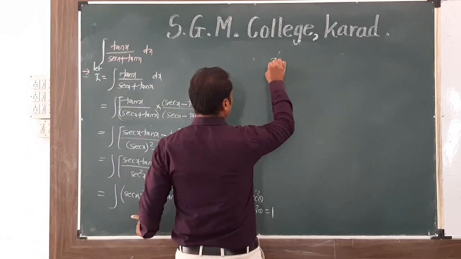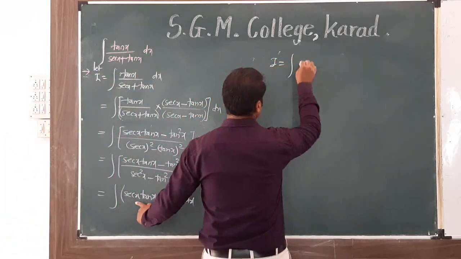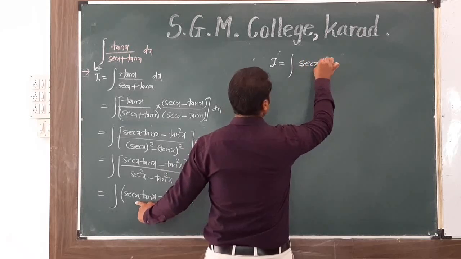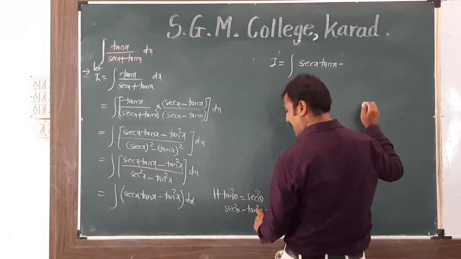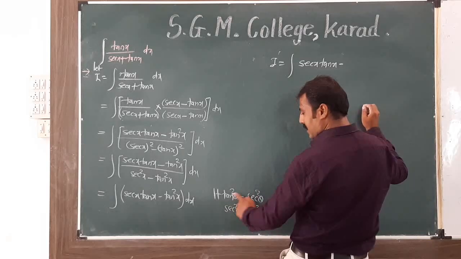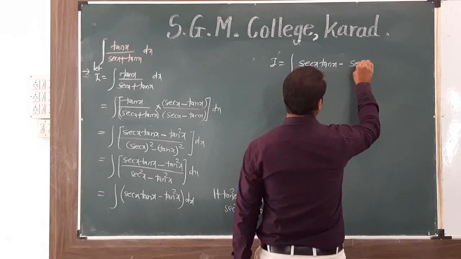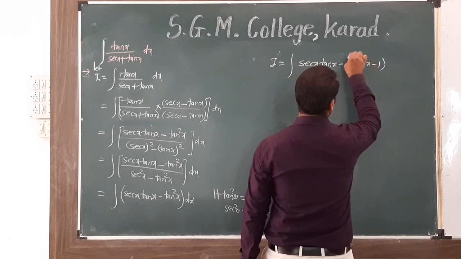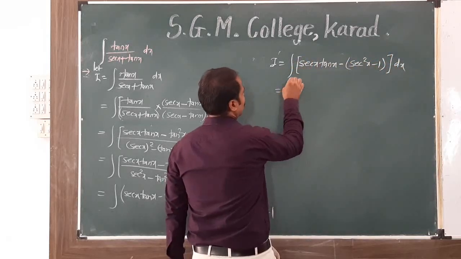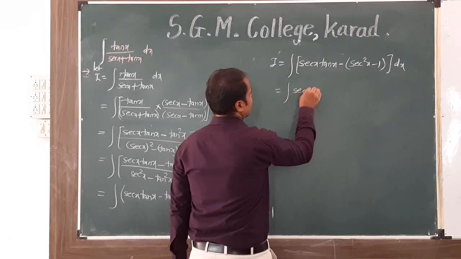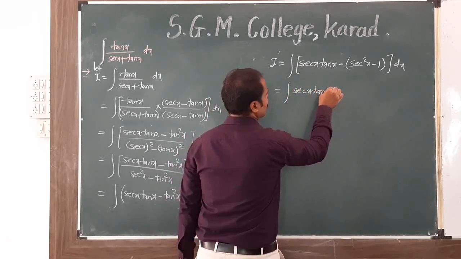So I is equal to the integration of sec x into tan x as it is, minus tan square x, which can be written as sec square x minus 1, put bracket there, dx.